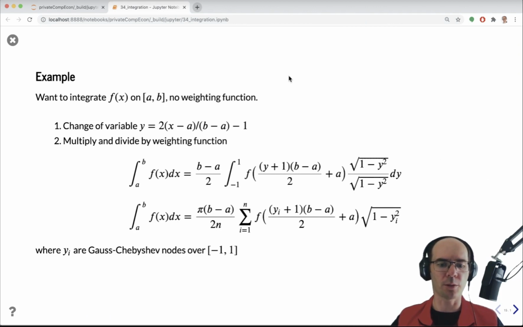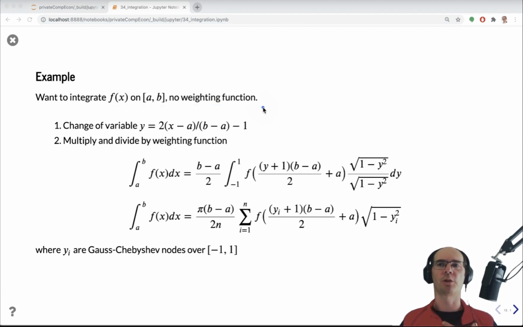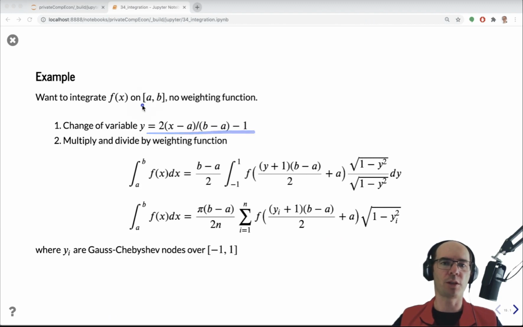So here's an example of how to use the Gauss-Chebyshev quadrature. So imagine that we want to integrate f of x on a and b, and we don't have any weighting function. Where does the weighting function come from? Well, here we go. So first step, we perform the change of variable so that we take the problem from the interval a to b to the interval -1 to 1.